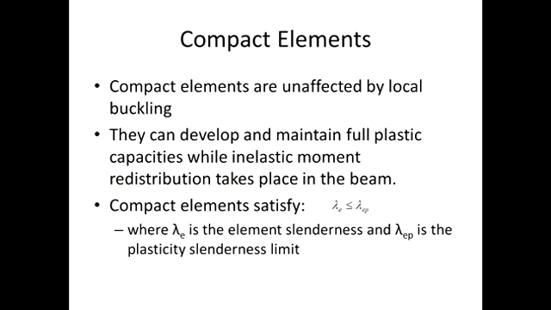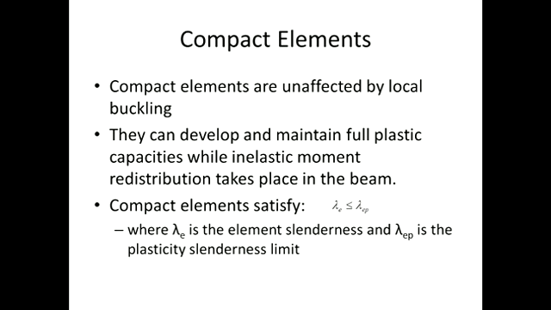So if our value of the plate element slenderness lambda e is less than or equal to the value of the plasticity slenderness limit, then we know that our elements are compact. And if we have elements which are compact within the cross section, then we know that the section is compact.